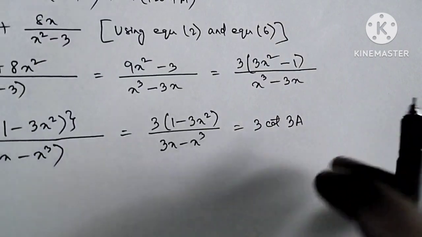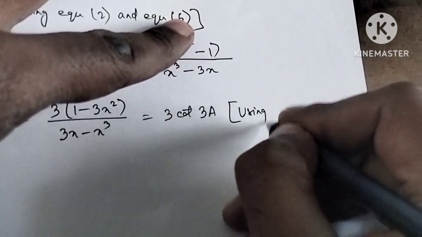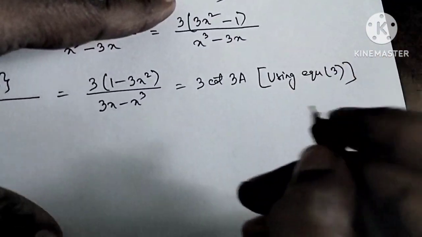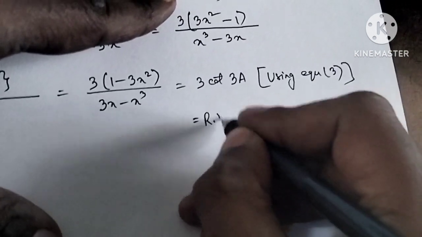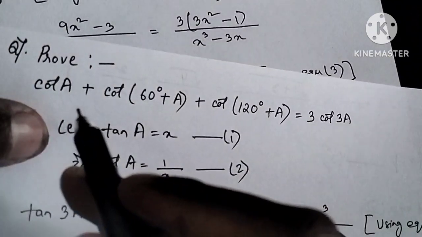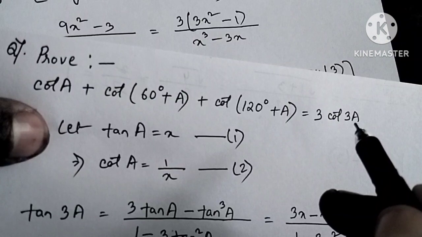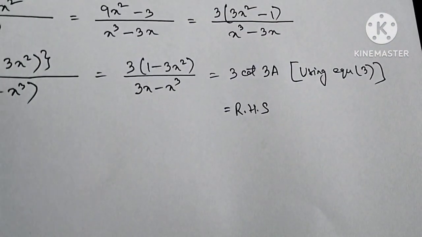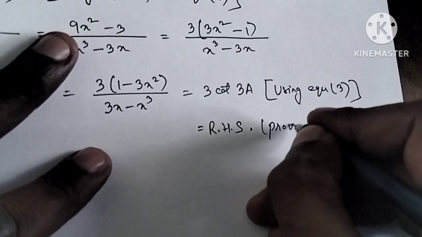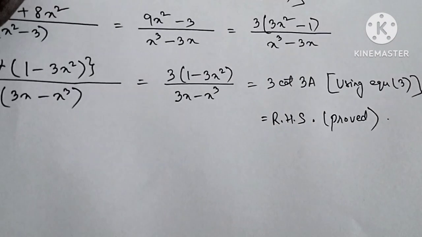So we have got this value using equation 3. Okay, and this is the RHS. See, cot a plus cot 60 degree plus a plus cot 120 degree plus a is equal to 3 cot 3a. We had to prove this only. Okay, so proved. Clear? Thanks for watching.